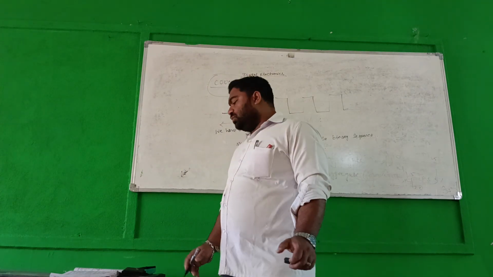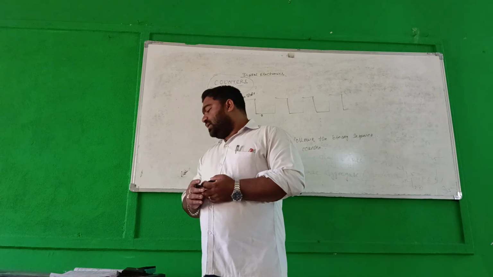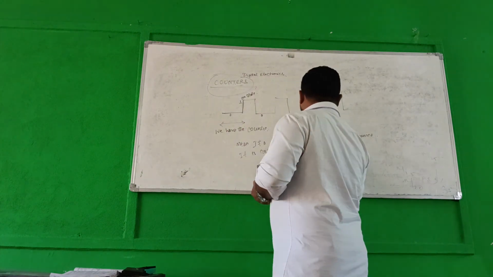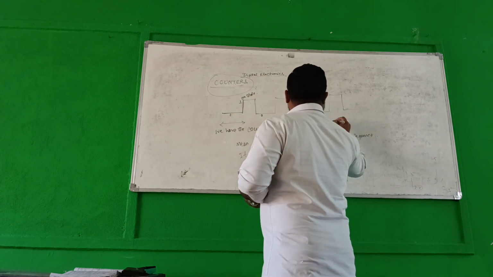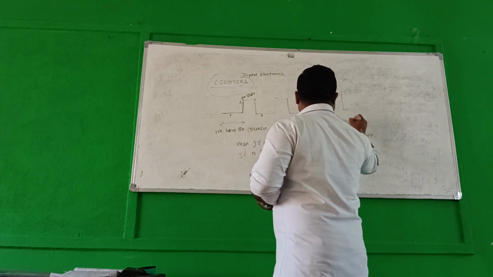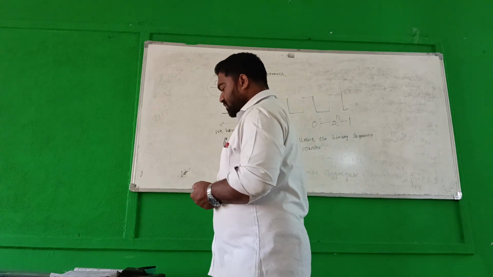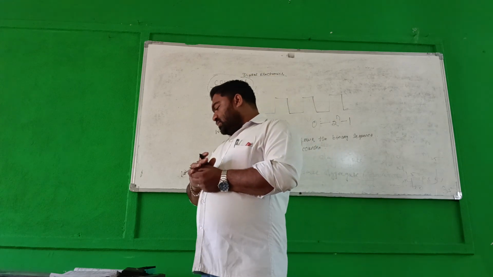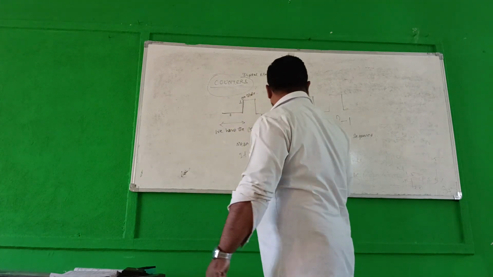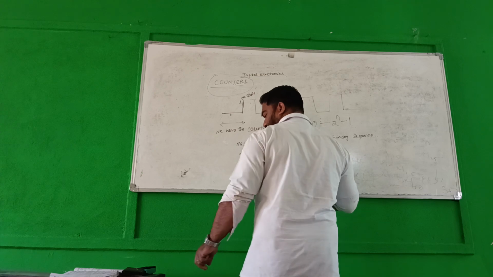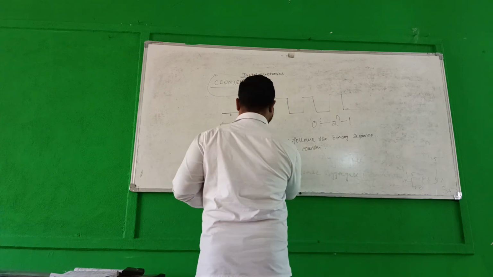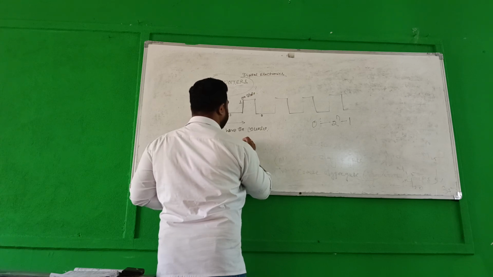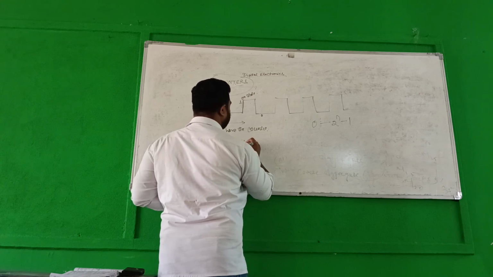A counter with n flip-flops can count in binary from 0 to 2 to the power n minus 1. That is 2 to the power n states, which is known as the modulus of the counter. What is the modulus of a counter?